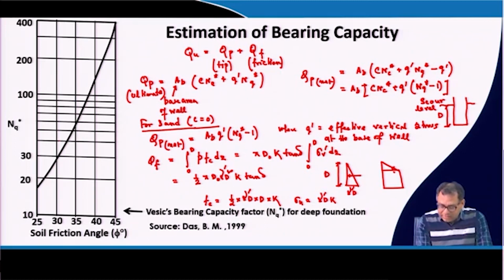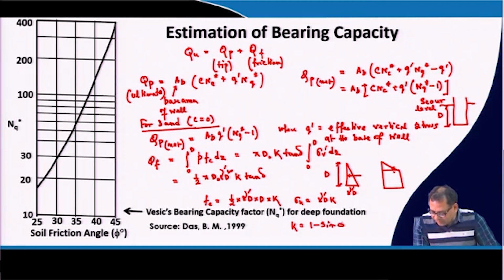and the NQ dash value I can get from this chart. So, this is for different friction angles for sand, and from here I can get the NQ dash value, and that NQ dash value we can put here. Another thing is how we can calculate the K, because delta is the friction angle between soil and the pile or the well, and the K is taken as 1 minus sin phi.